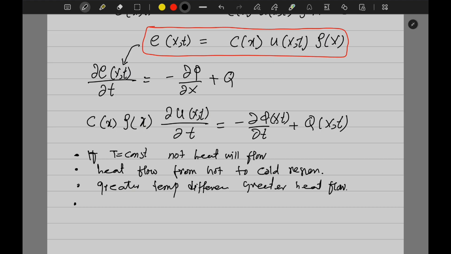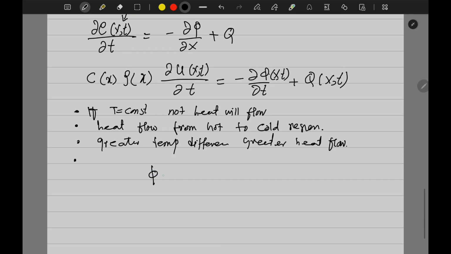So if the material is different, then the heat flow will be different even if you keep the temperature difference the same. So Fourier recognized the properties 1 to 4 and summed them up in this formula. All those properties that I just mentioned are given in this formula. This is known as Fourier's law of heat conduction.